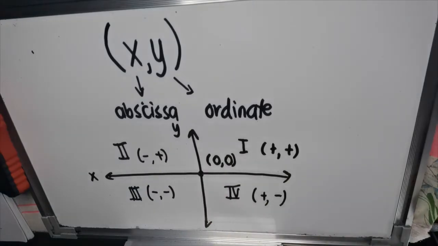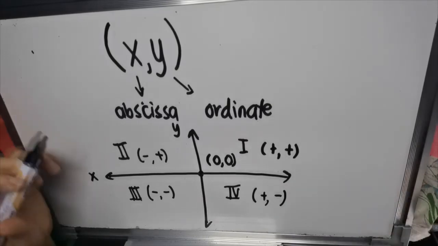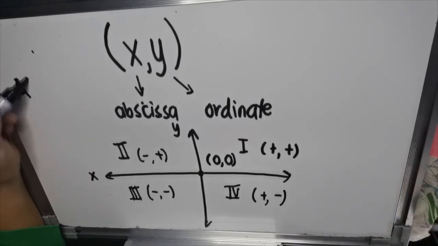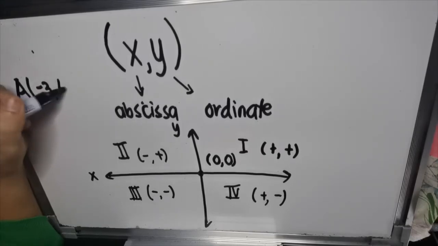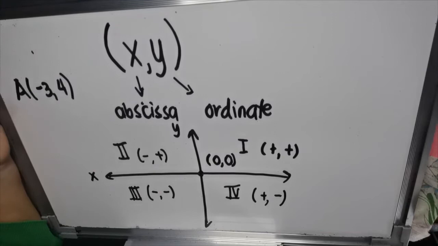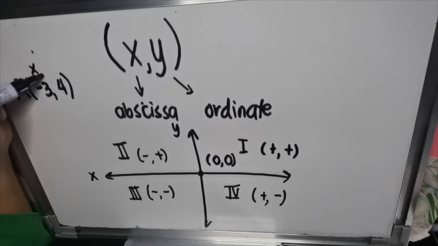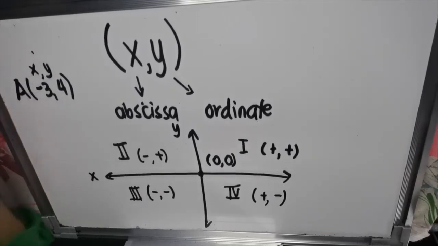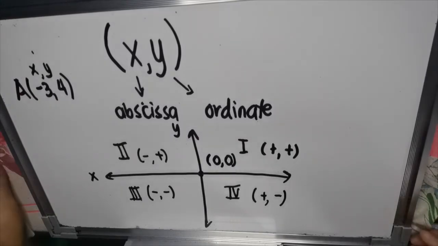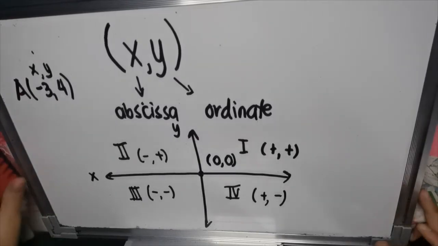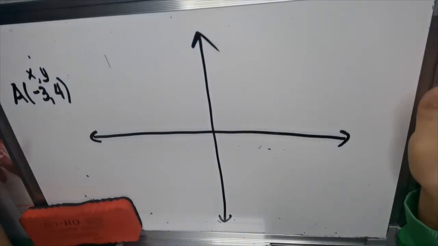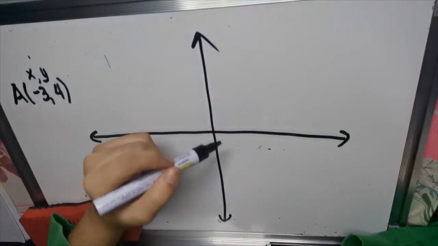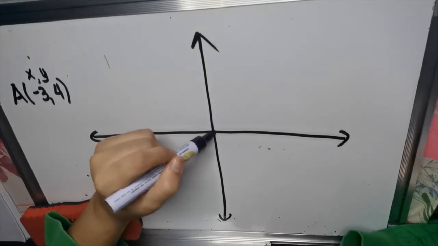So, say for example, pinagpa-plot kayo ng point A wherein makikita siya sa negative 3 and 4. Okay? So, ito yung ating x, ito yung ating y. So, let's see how are we going to plot this sa ating Cartesian plane. Okay, so we have here Cartesian plane natin. Itong ating origin which is 0, 0.